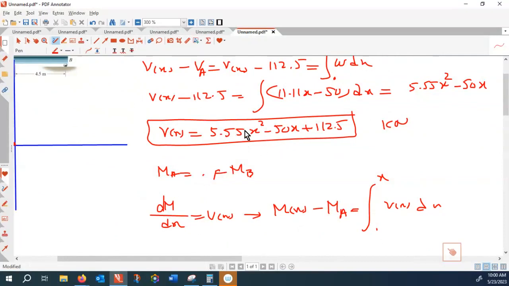so let me do the integration of V of x. That is 1.85 x cubed minus 25 x squared plus 112.5x.